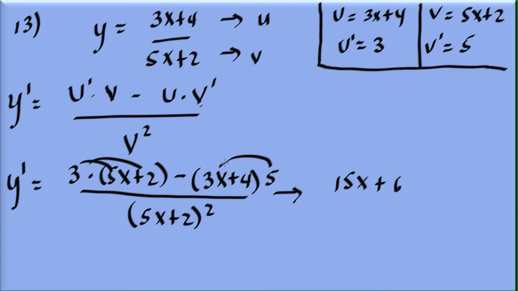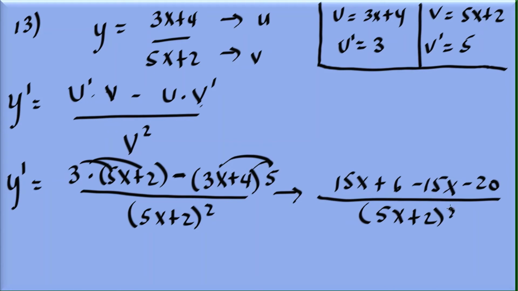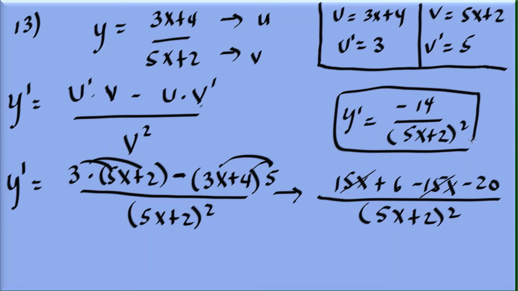And then 5 times 3x is 15, but negative, so that's negative 15x. And then 5 times 4 is 20 times negative, so that's negative 20 all over 5x plus 2 squared. So 15x minus 15x is 0. 6 minus 20 is negative 14 over 5x plus 2 squared. So this is our derivative. Okay.